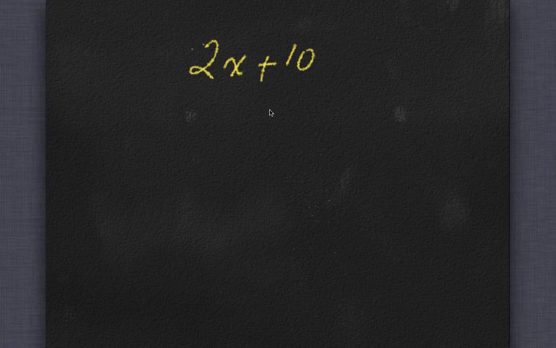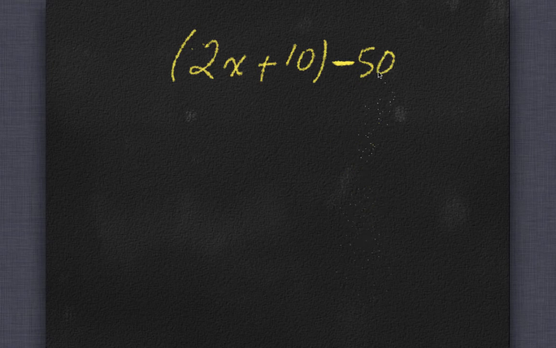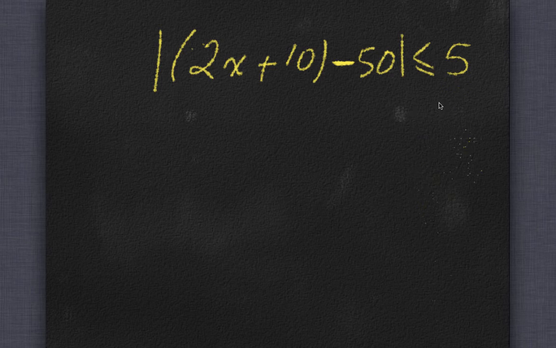And let's say that you wanted to keep your cost close to $50. So you want to say, okay, I want to be no more than $5 away from $50. So I want to spend about $50, give or take 5. So the difference between your cost and $50, which is what's in here, should be an absolute value less than or equal to 5. I said give or take 5, so it could go either direction, negative or positive.